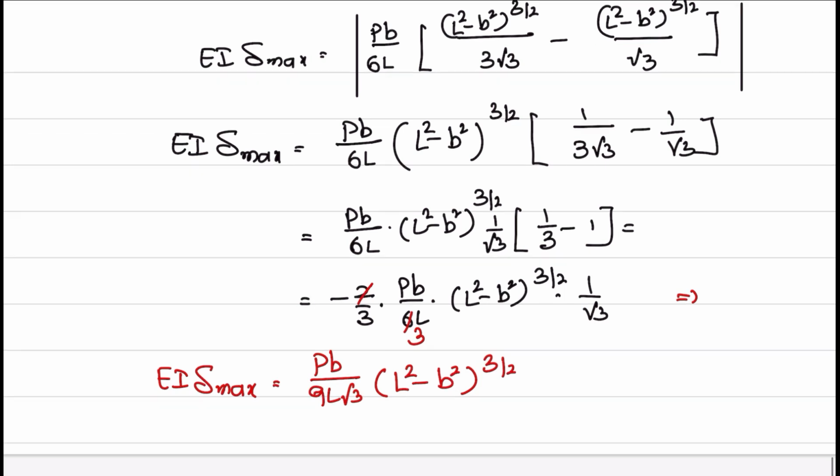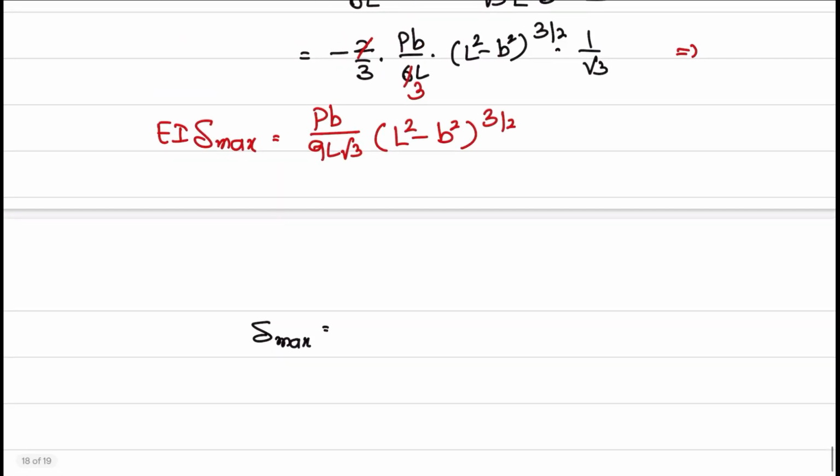When you take out this EI on the right hand side, you will get the final answer. Delta max is equal to this PB by 9 root 3 L EI.